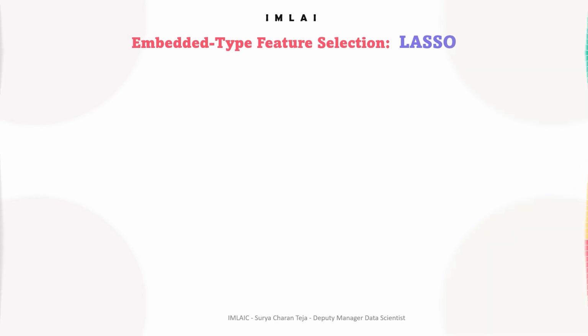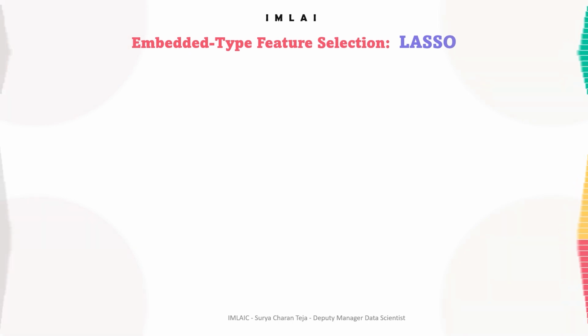So what is lasso? Lasso is nothing but least absolute shrinkage and selection operator. Lasso is an embedded type feature selection method that combines regularization and feature selection.